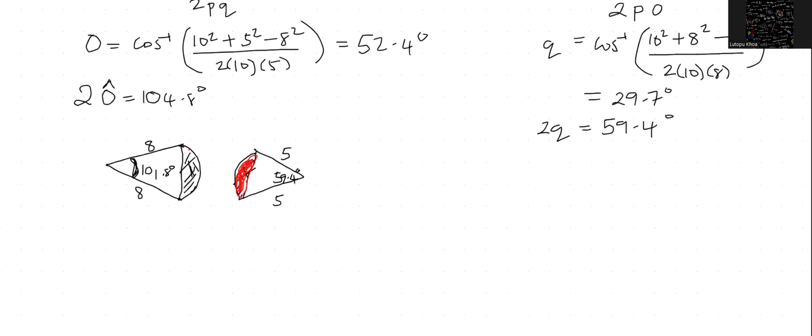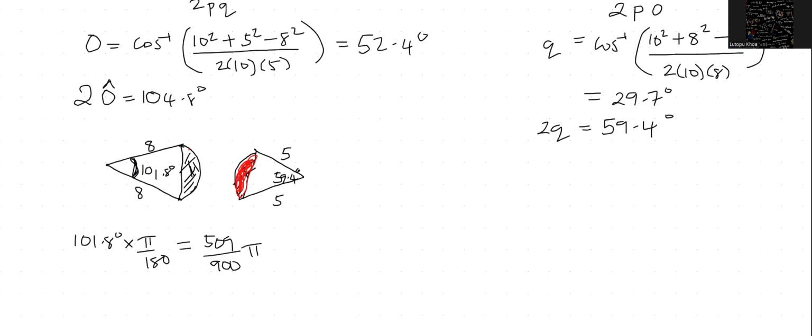So 101.8 degrees. To convert it to radians, we multiply by pi over 180, and this gives us 509 over 900 pi.